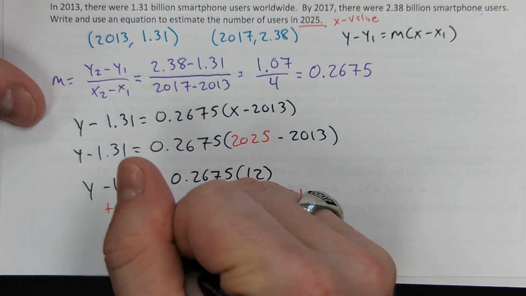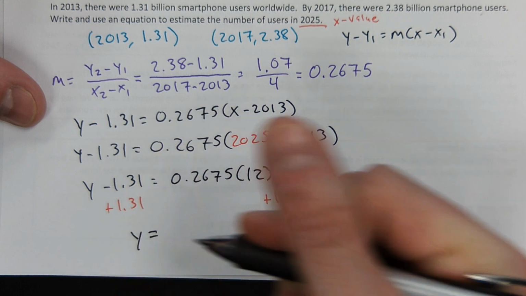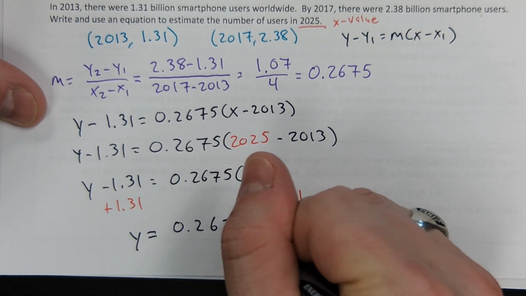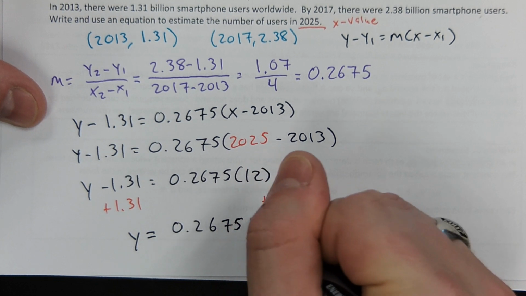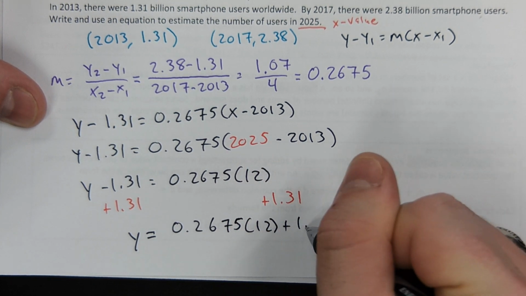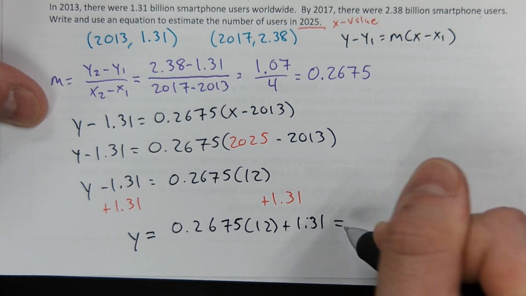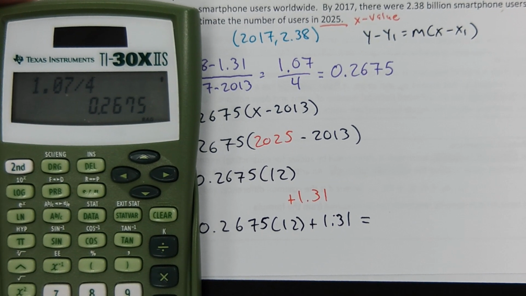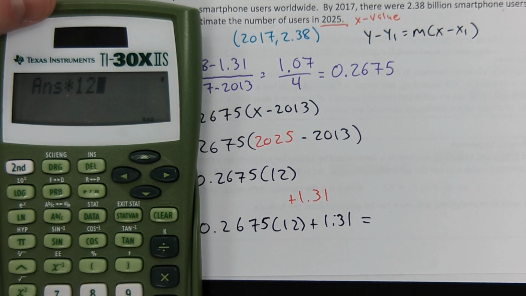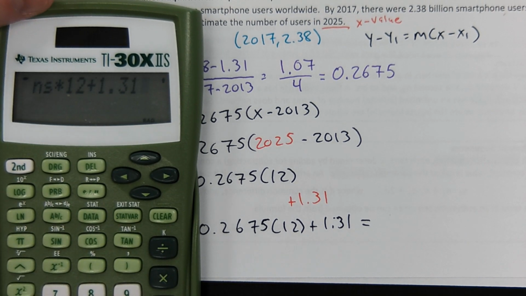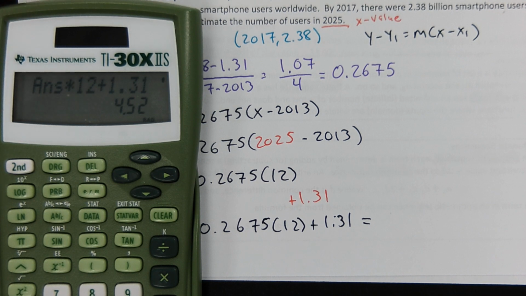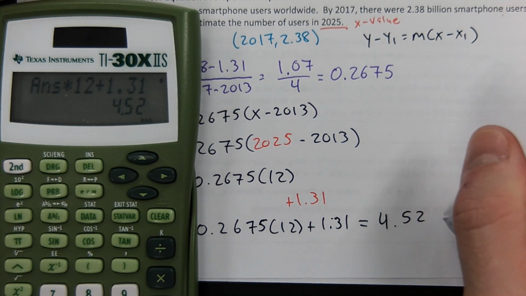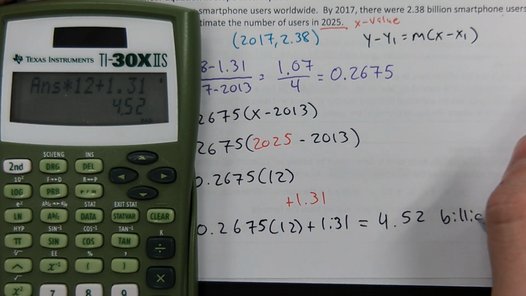The estimated number of cell phone users will be whatever 0.2675 times 12 plus 1.31 is. My calculator still has the 0.2675 on it, so I'm going to do times 12 plus 1.31 and hit enter. About 4.52 billion smartphone users.